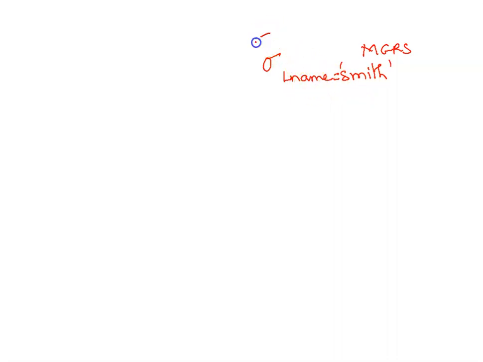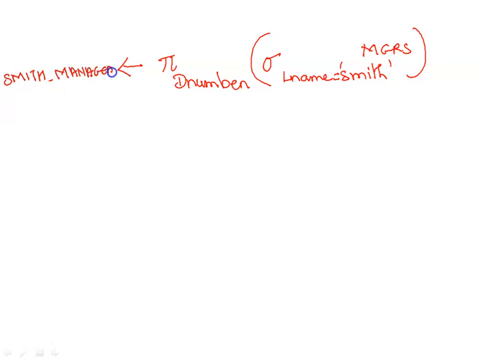Once I get this information, I'll pick up the department number. I'll say project D number and store this into a temporary relation called Smith managed department, with a new attribute name D now.